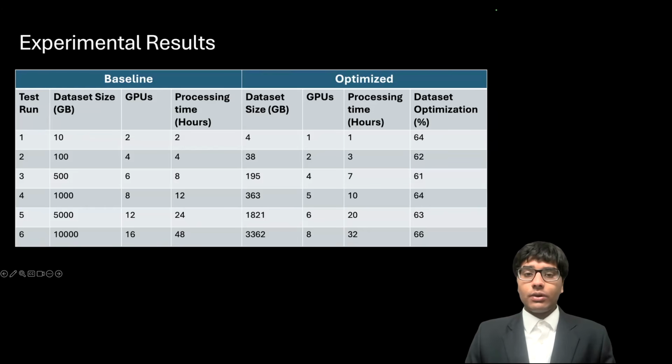The baseline requires higher GPU usage and longer processing time as the dataset size increases. In contrast, our optimized method reduces the dataset size while preserving key data characteristics. Across all test runs, it consistently reduces GPU usage by half while utilizing less processing time, achieving around 60 to 65% reduction in dataset size.